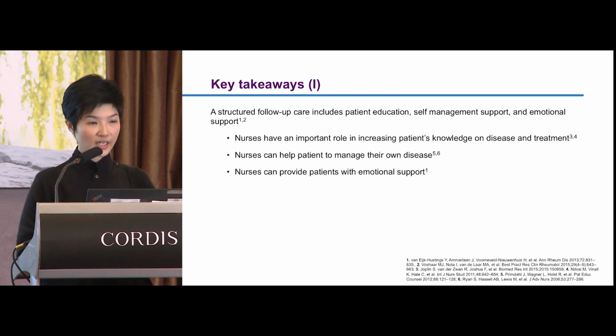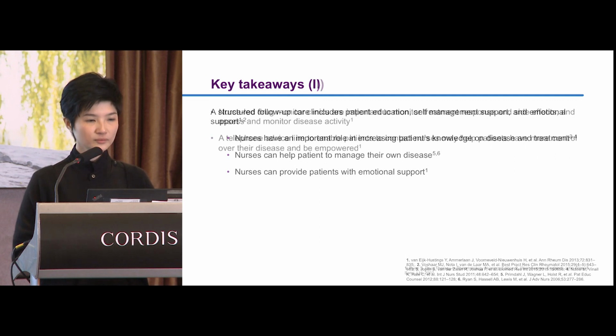Here are other key takeaways. Our structured follow-up care includes patient education, self-management support, and emotional support. And we have a very important role in increasing patients' knowledge on disease and treatment. And we can help patients to manage their own disease, and we can provide patients with emotional support.